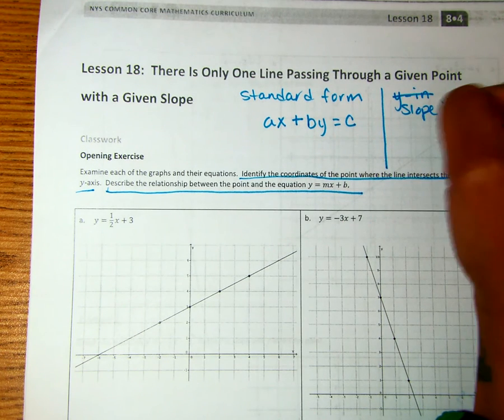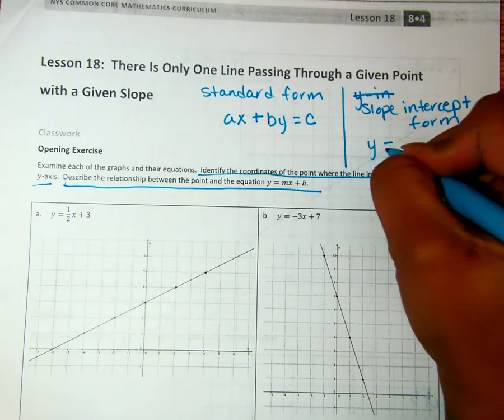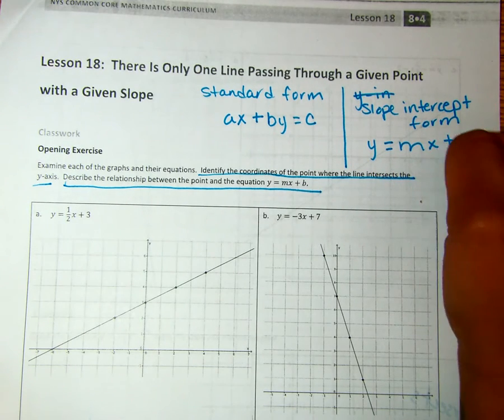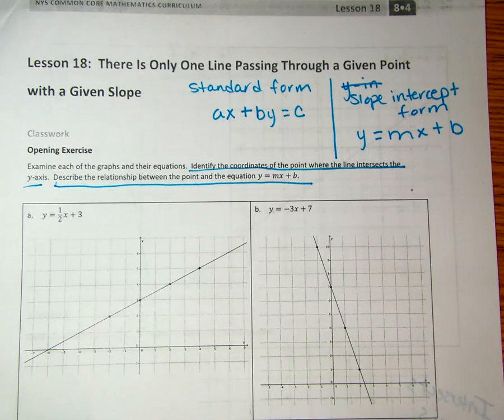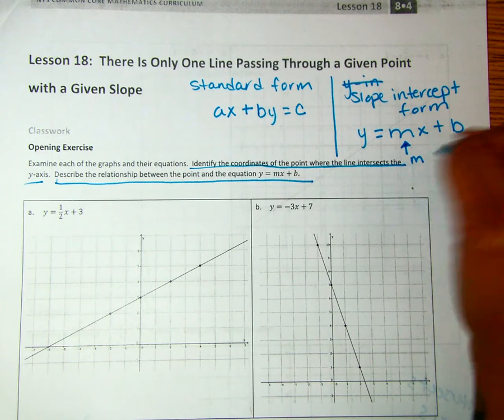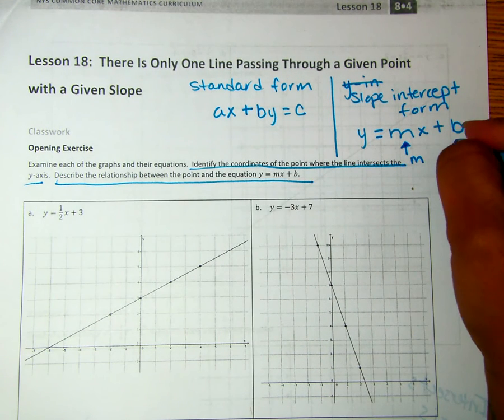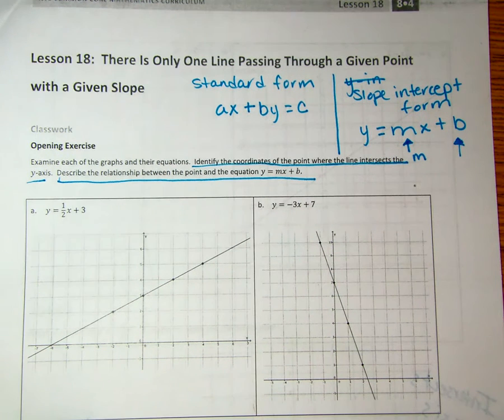Slope-intercept, that's what you'll call this in Algebra 1. And that looks like y equals mx plus b. Throughout lessons 15, 16, and 17, we've given slope the title of M. All right, today we're going to learn what our B is called.